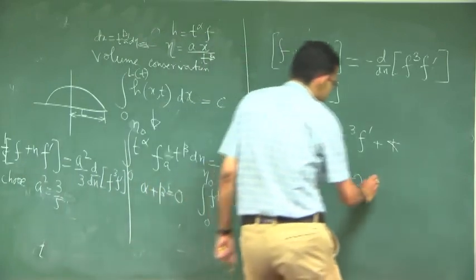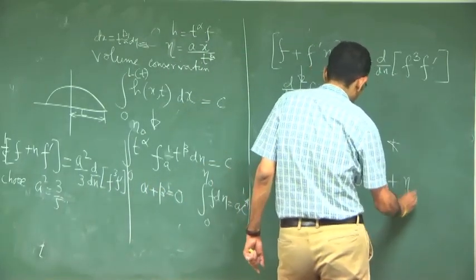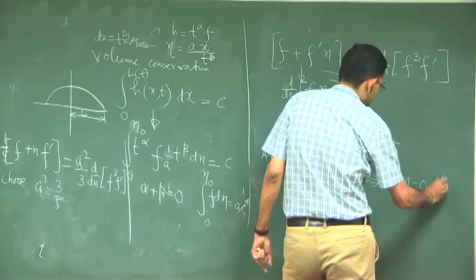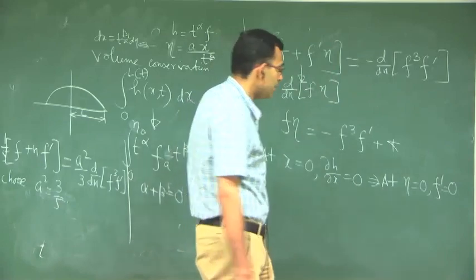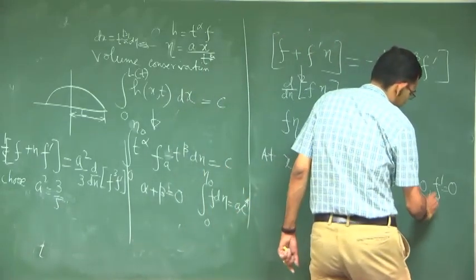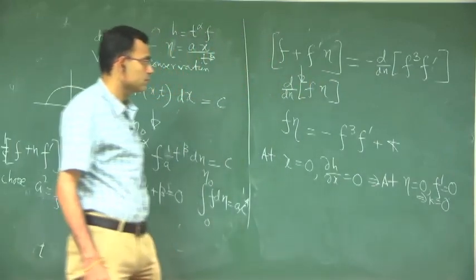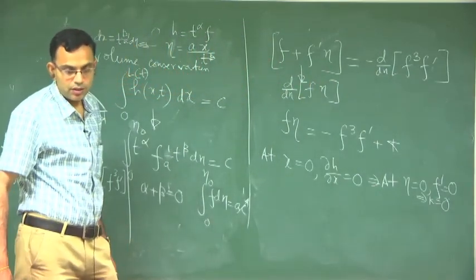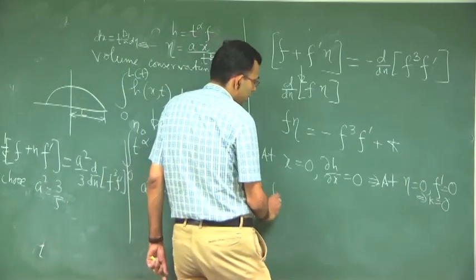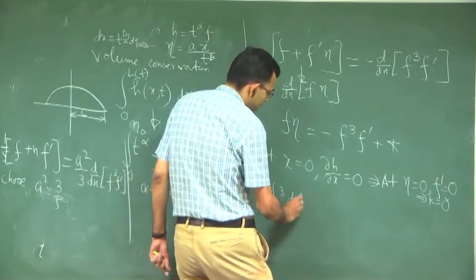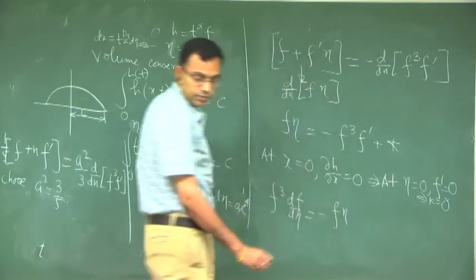So, that means at eta is equal to 0 you have f dash is equal to 0, right. That means k equal to 0. So, you have f cube df d eta is equal to minus f eta, right.